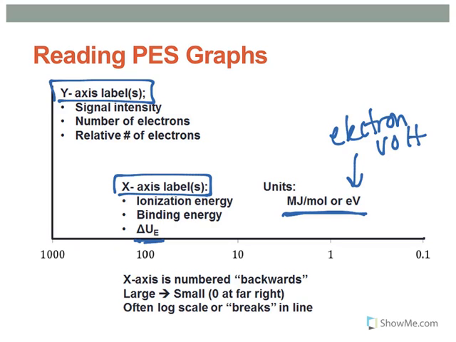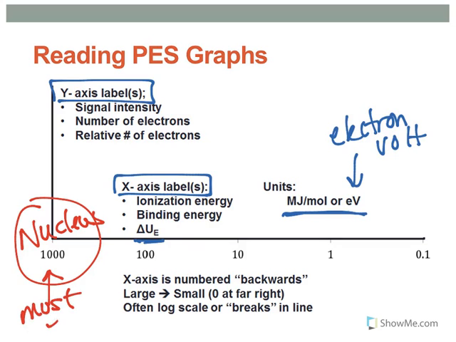And the x-axis is going to be labeled backwards. And the reason for that is because we kind of want to think about our 0 point here, our start, as where the nucleus is. Okay, and so that nucleus is going to require the most energy to remove an electron if it was right up there next to the nucleus.